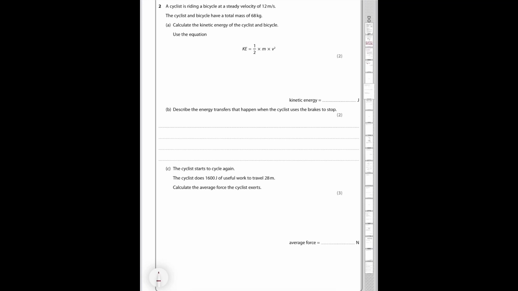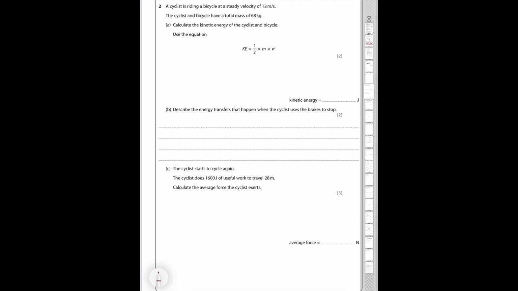A cyclist is riding a bicycle at a steady velocity of 12 meters per second. The cyclist and bicycle have a total mass of 68 kilograms. Calculate the kinetic energy of the cyclist and the bicycle. Use the equation kinetic energy equals a half m v squared, m being the mass and v being velocity.